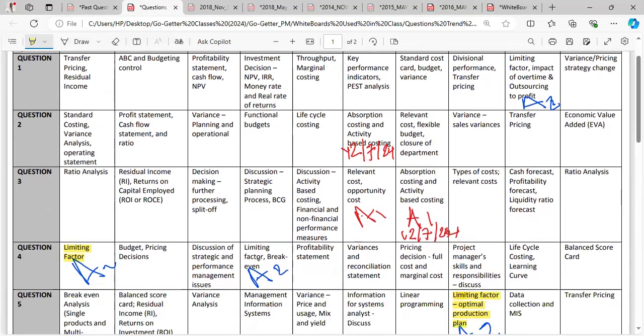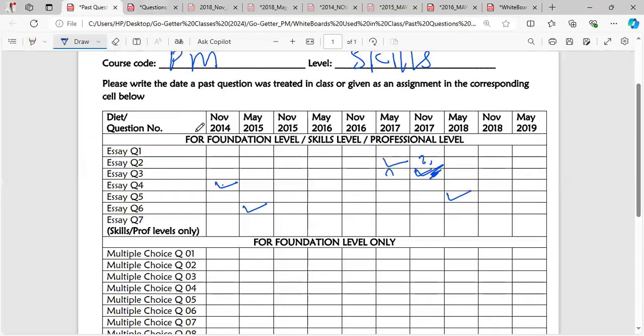I will just put a small mark here to show that we have not finished it.